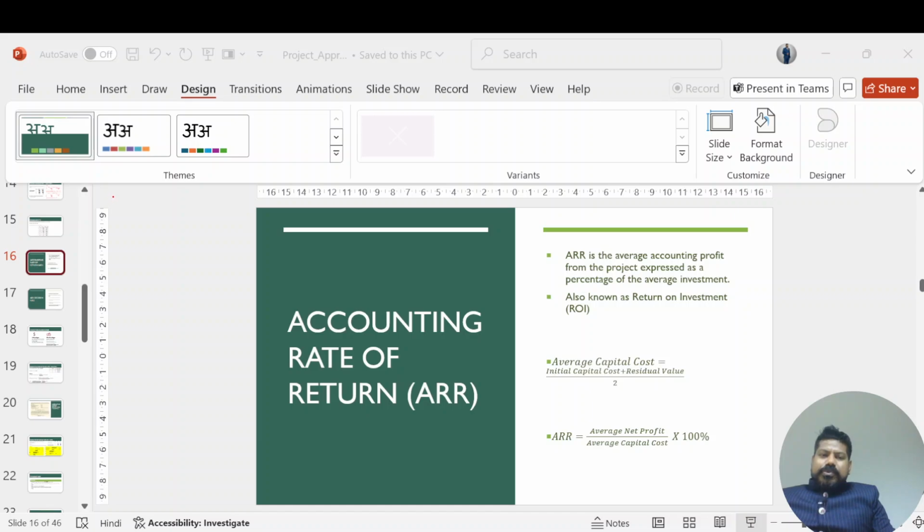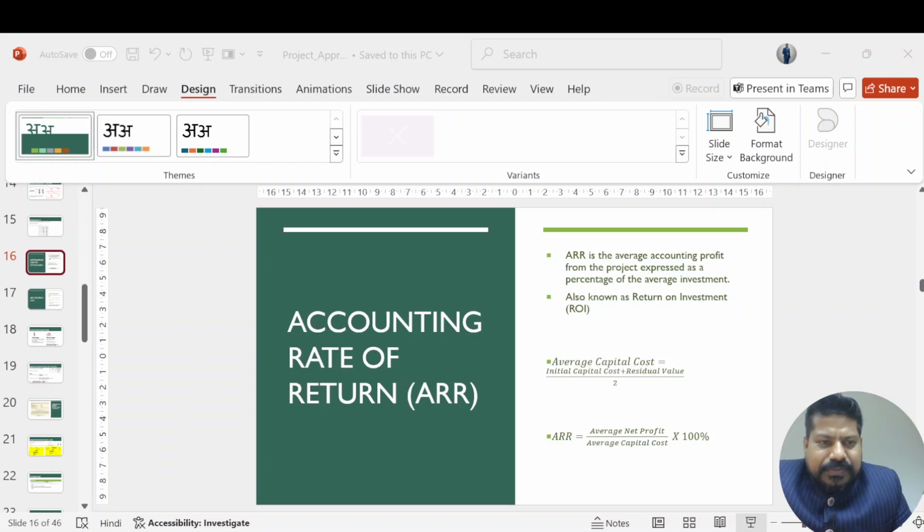However, select the project where the average rate of return should be higher. So select the project having highest ARR. This is a thumb rule.